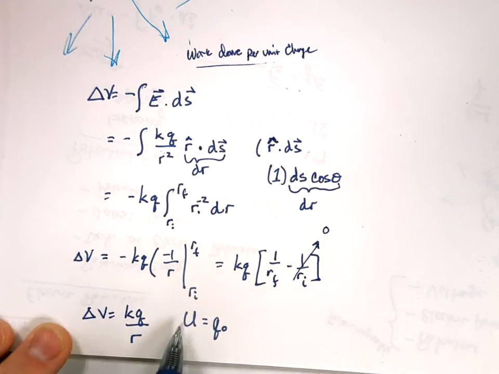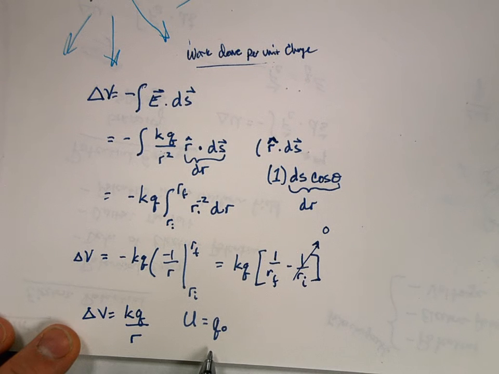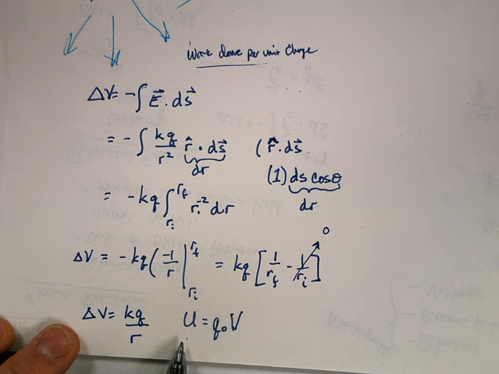If we multiply it by the charge of the test charge, by however much that is, that gives us our potential energy, because that's how we got to that point.